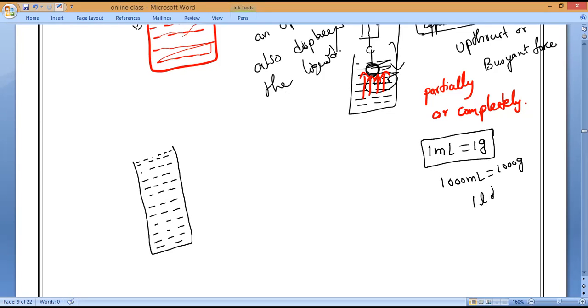1 liter of water, because water is the more standard one, equals how many kg? Everybody, 1 kilogram. Understanding?